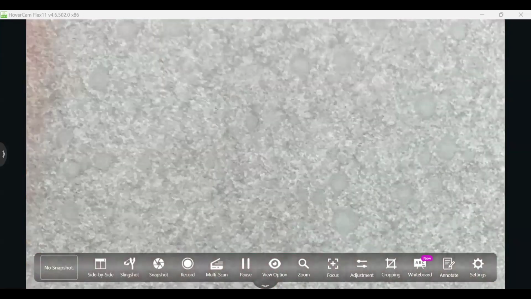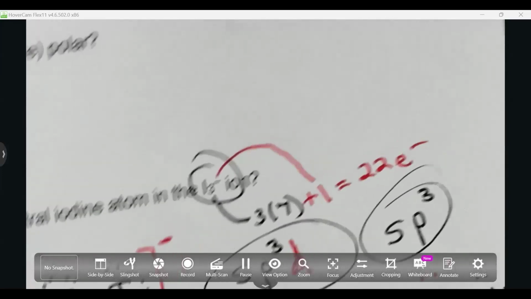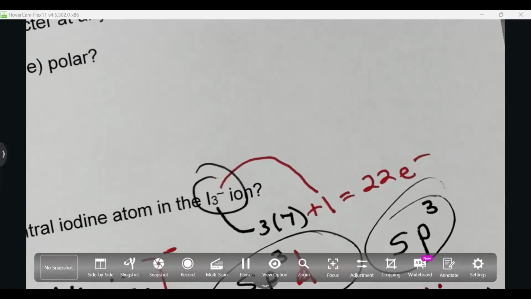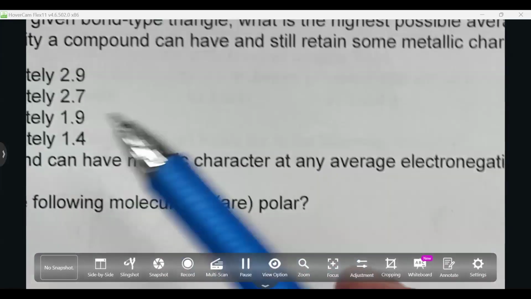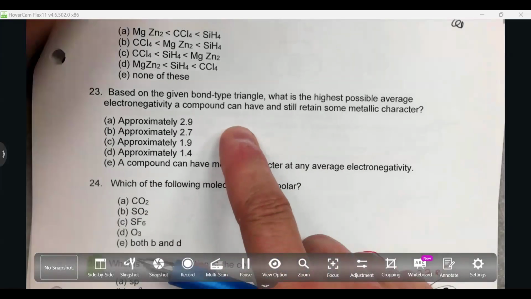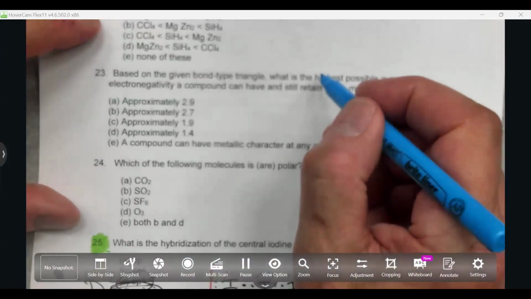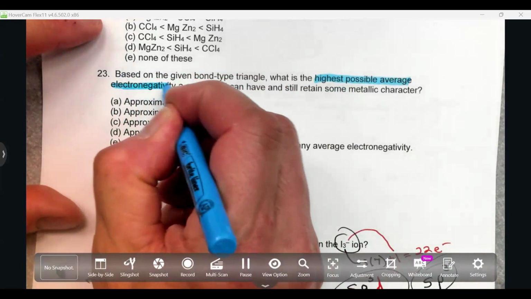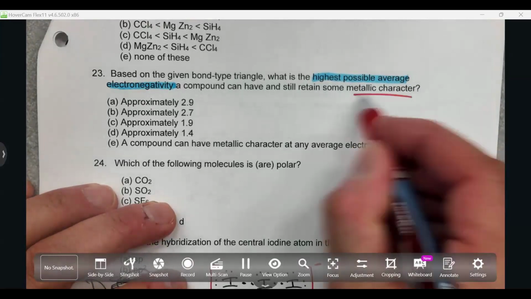Okay. Go to our quiz. Number 23. Based on the given bond type triangle, what is the highest possible average to keep some metallic character?